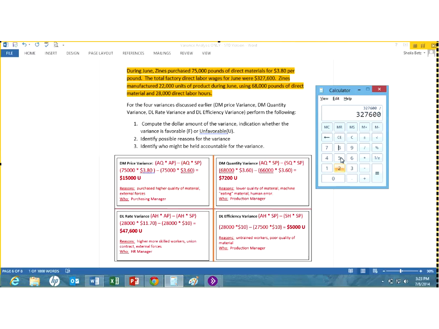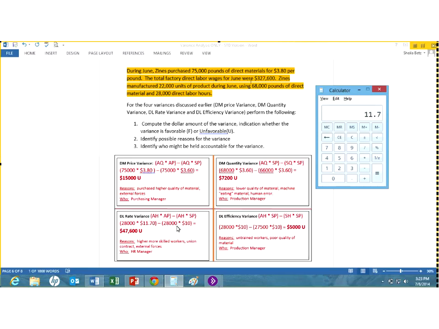So if I take the total cost divided by the labor hours, I can back into that they're paying their employees $11.70 per hour. So that would be my AP.